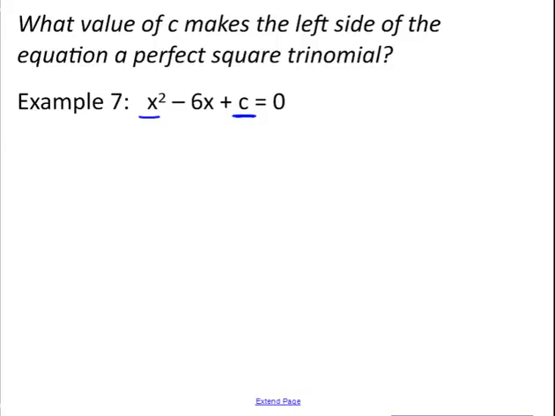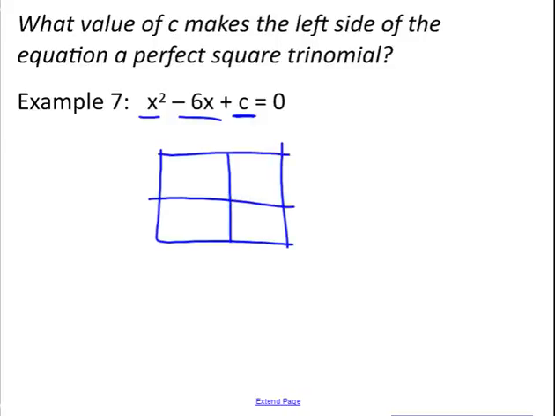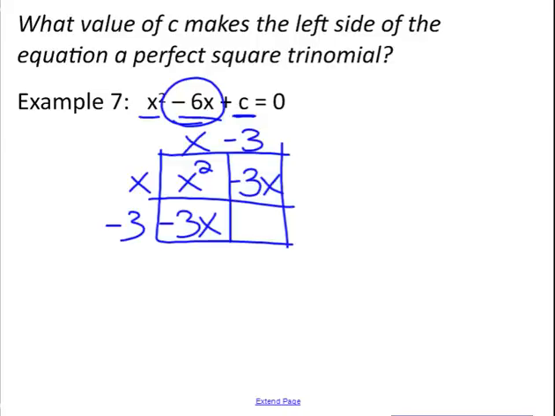If I have x squared minus 6x plus some number, I don't know what that number is, I'm going to draw the box. And my x squared has to go in the upper left-hand corner. My negative 6x has to be divided evenly, so negative 3x here and negative 3x there, which puts x and x on the outside, negative 3 and negative 3.